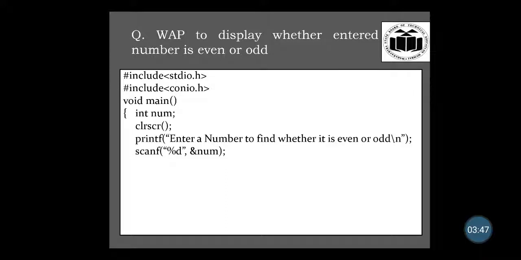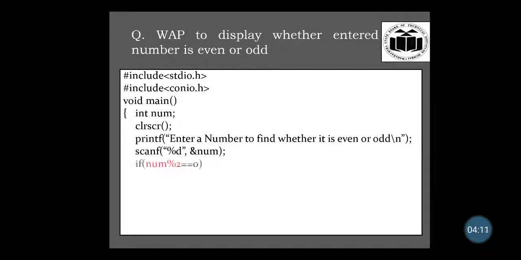Here you see the clrscr function. That function clears the previous output displayed on the output screen. That function definition is stored in the header file conio.h, and printf and scanf definitions are stored in stdio.h. So we have included two files.